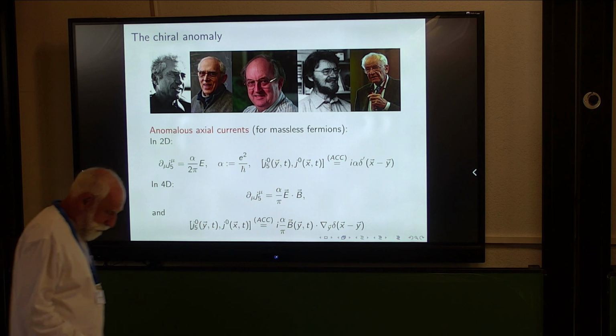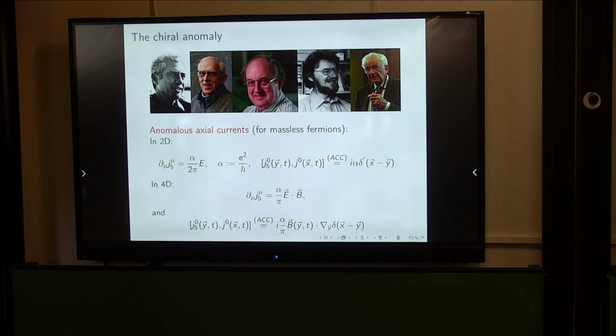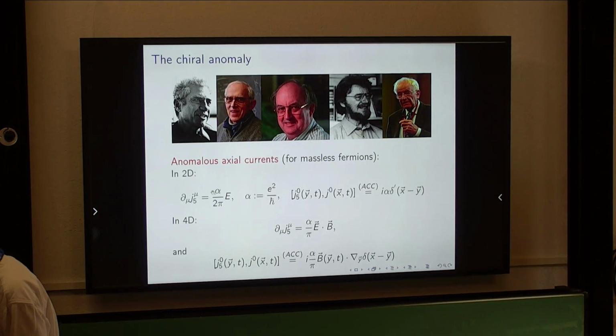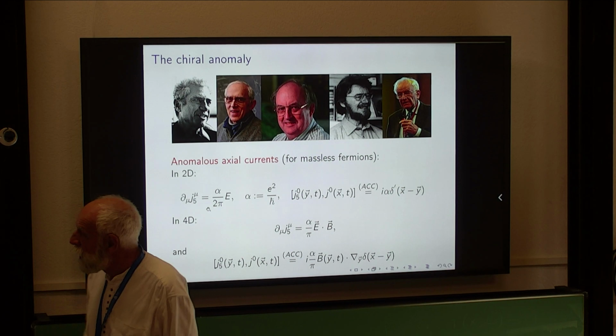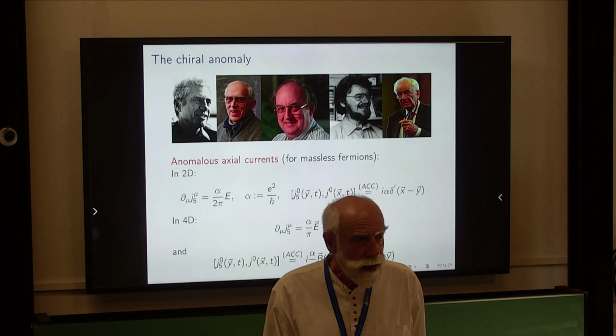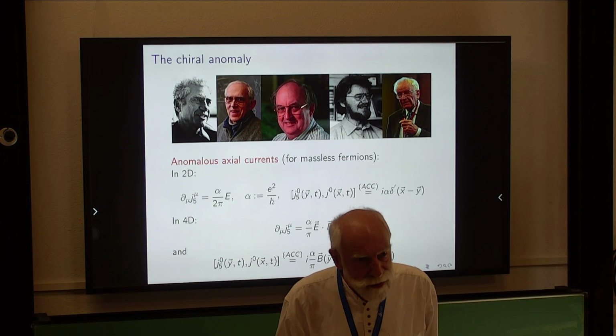So you see in all these systems of electrons, we have two types of currents, a vector current and an axial vector current that I denote by adding a little 5 underneath. It turns out that the axial vector current tends to be anomalous, in the sense it's not conserved.